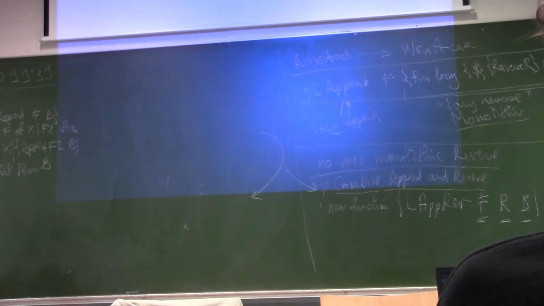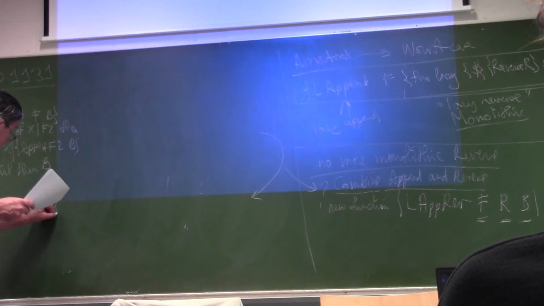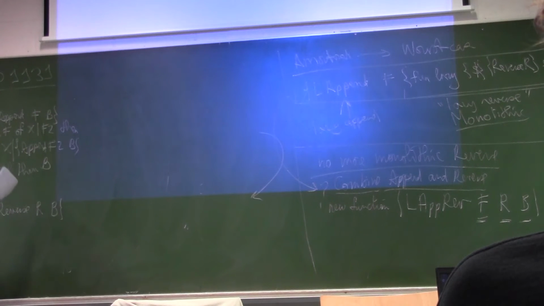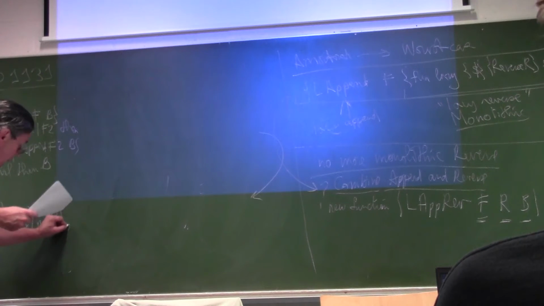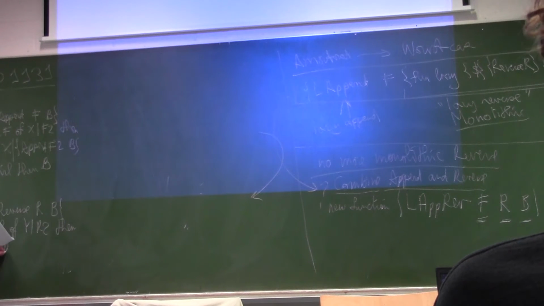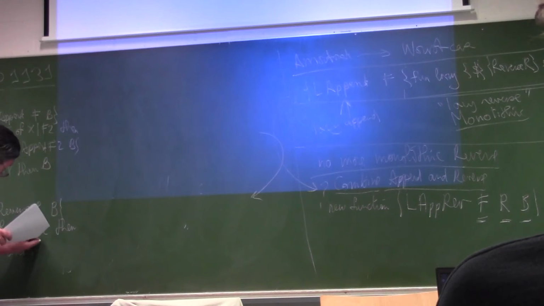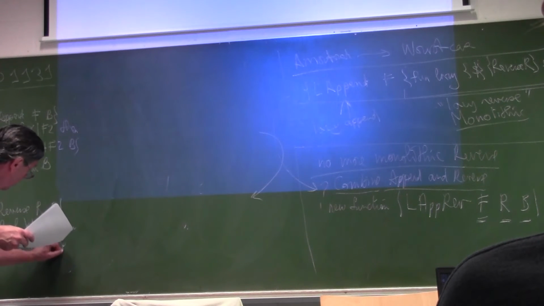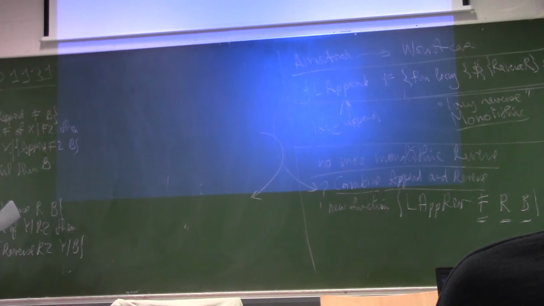Now let's make a reverse definition. Reverse R B, where B is the accumulator. Case R of Y R2, then reverse R2 Y B. So this is the reverse definition.